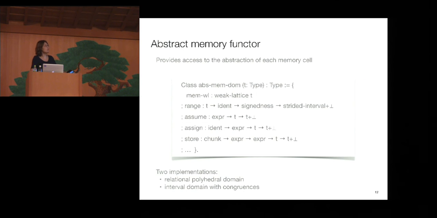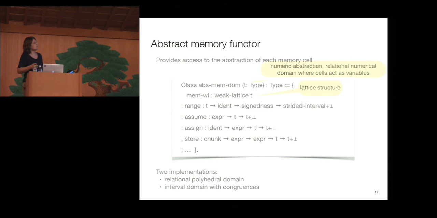So this is the interface of our abstract memory functor. It's written here in Coq. This functor is parameterized by a type called T, that is a numeric abstraction. We have several parts in this functor.